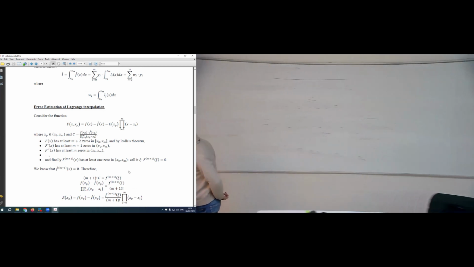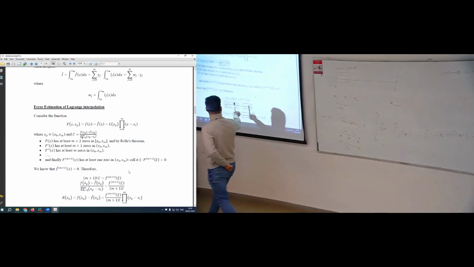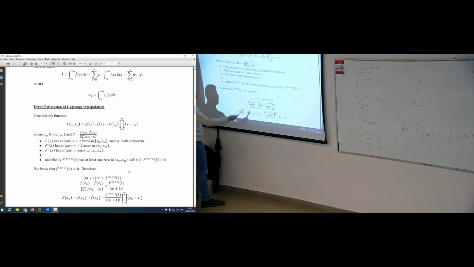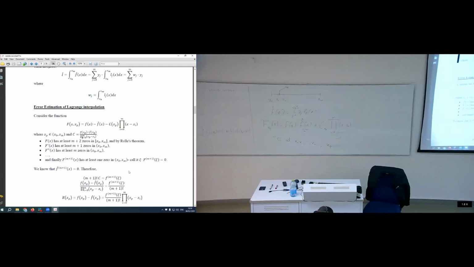Therefore, this C, which is this, also equals this divided by n plus 1 factorial. And therefore, f of xp minus f hat of xp equals this. So here is a formula for the error at xp.